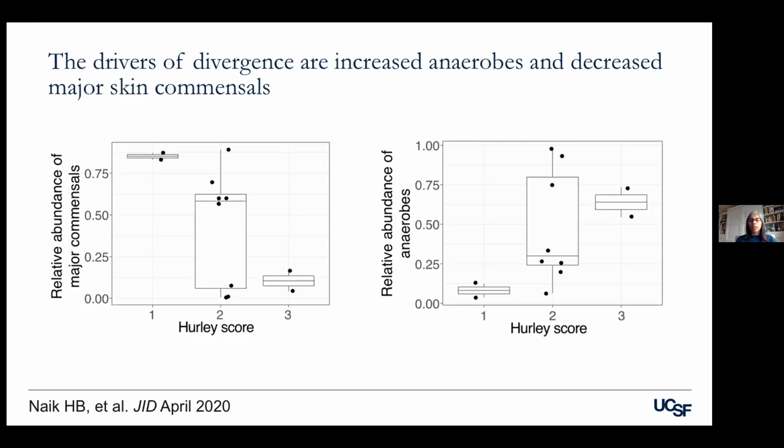So what we're now in the process of understanding is how these microbial perturbations wax and wane over the course of HS clinical disease, and what that interplay is between those perturbations and those fluctuations and cutaneous immunity, and how microbial products tickle the immune system to react with the inflammatory response that we see in HS.